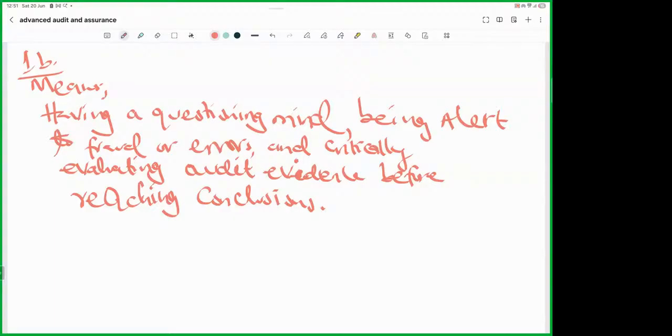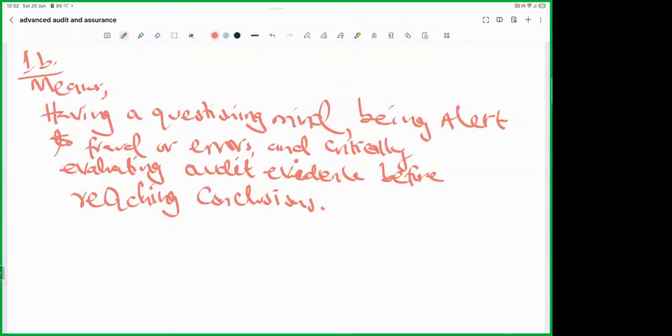Like most ladies that I've worked with, most of them are professionally skeptical. They doubt everything they are told. Even at home, if you evaluate between the husband and the wife, chances are the wife will have more questions than the man.